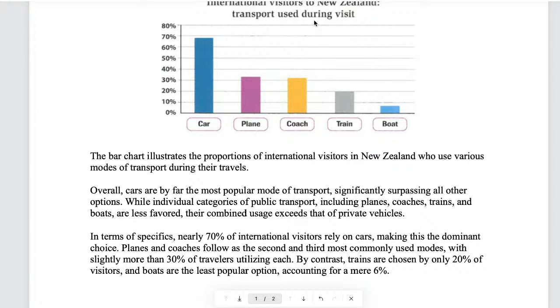Comma. What? Cars are by far the most popular mode of transport. Finished? Comma. Yeah. Significantly.